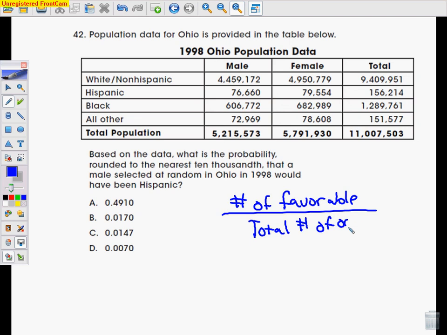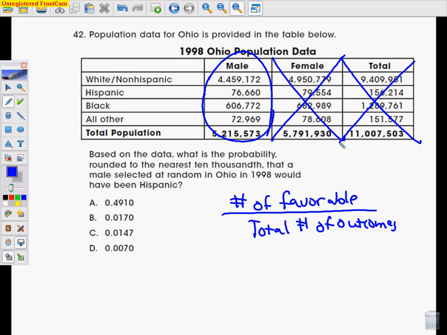Okay, so let me erase that here. So here we're trying to figure out what is the probability that a male selected in Ohio at random would be Hispanic. So here we're only really worried about the males. We're not worried about the females or the total. So those pieces of data are not necessary.